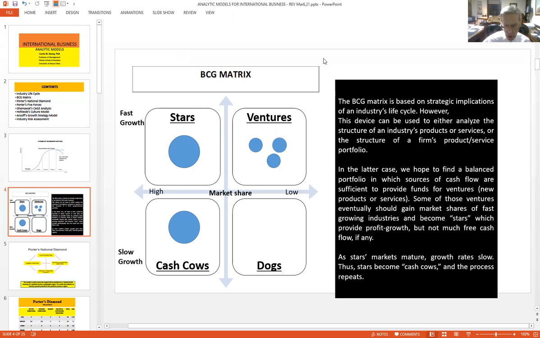But if all goes well, we can use the BCG matrix to assess our portfolio of businesses and products. And we may find that we've got a lot of cash cows or one big cash cow. We don't have much of a star and we don't have much of a venture. Frankly, in my travels, I've seen a lot of companies like that.